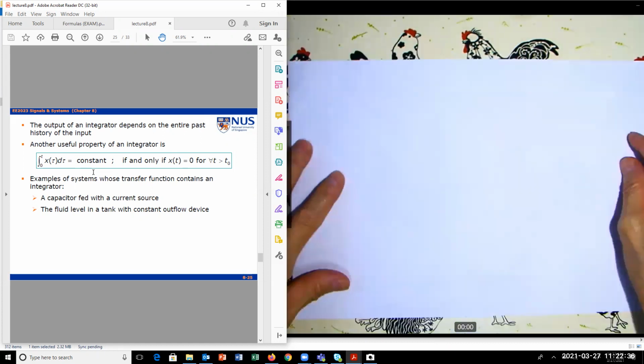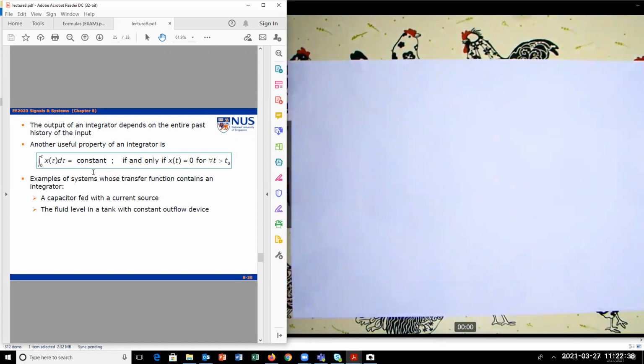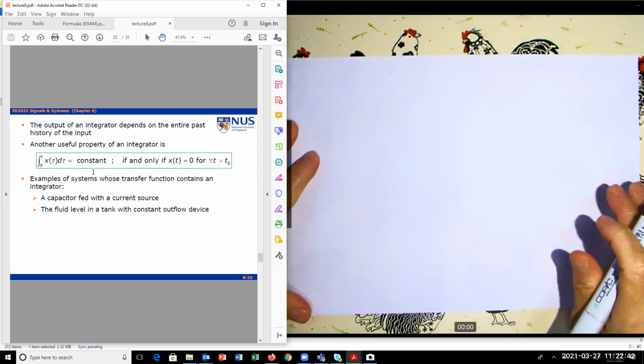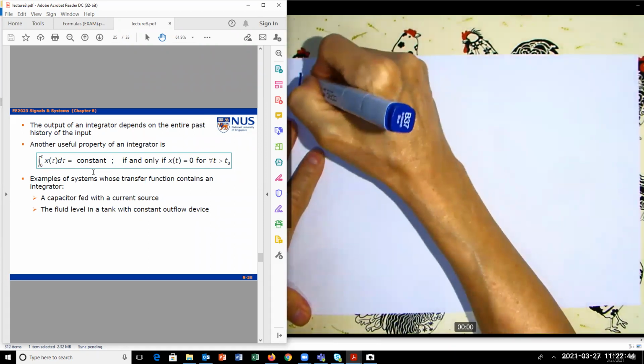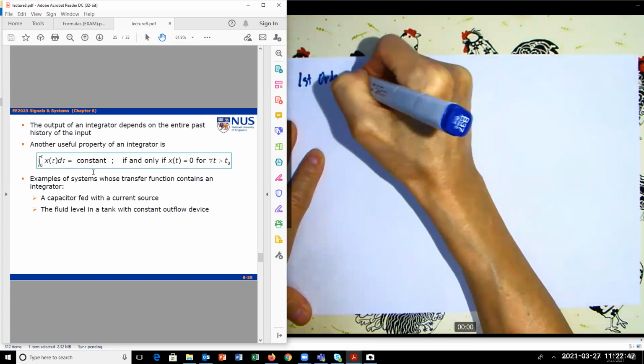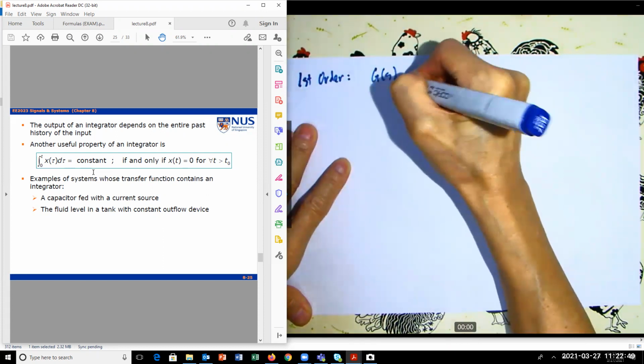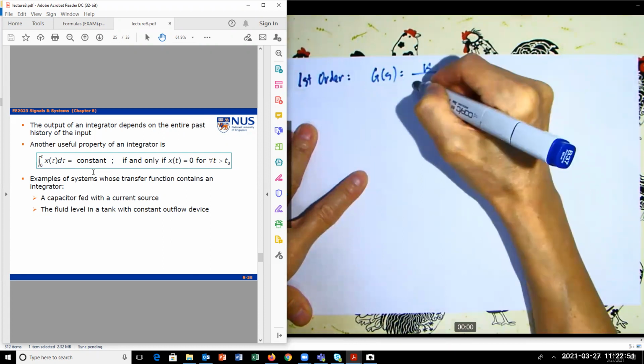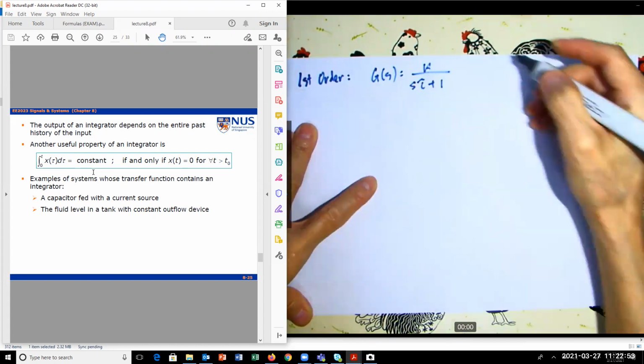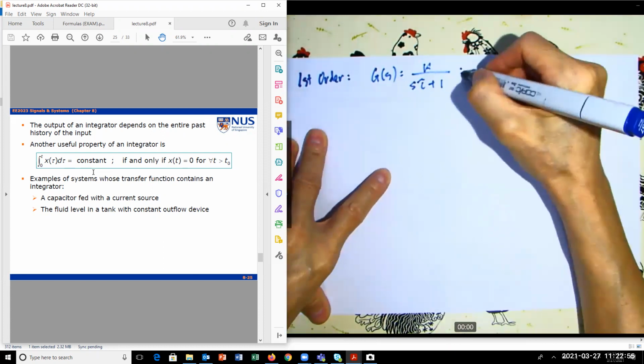So let me summarize that. Okay. So we know that for first order, we have G(s) is K over (tau s plus 1). So what are the unknowns? These are the parameters that we need to find.